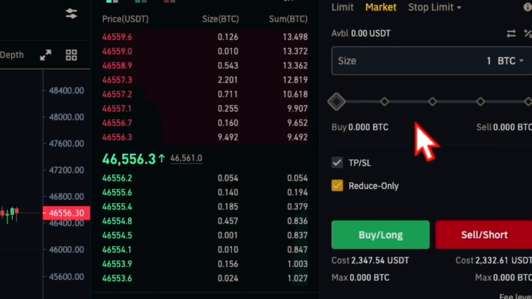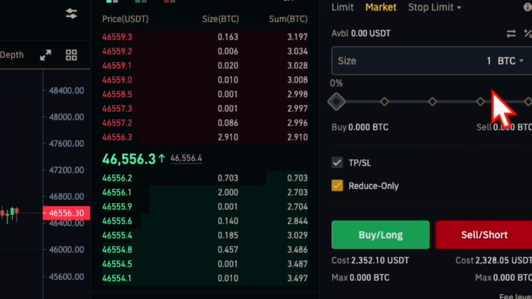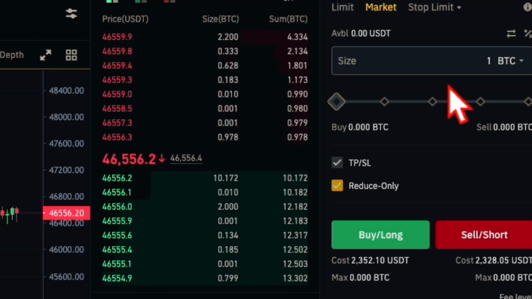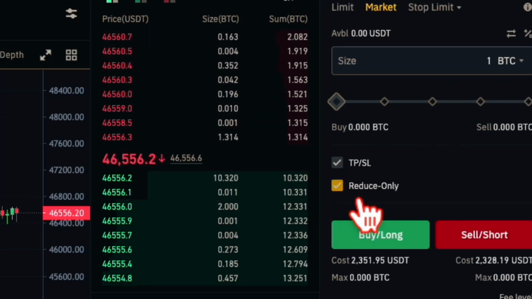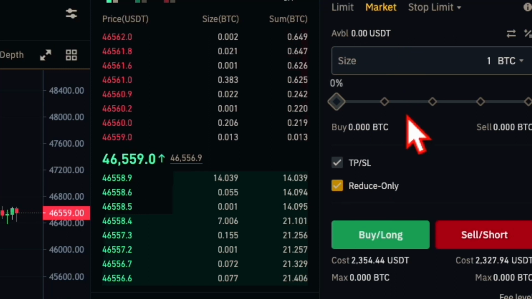So for that day, I can only drop my position from what I bought. I can no longer increase my position. So if I say I'm buying 1 Bitcoin and I click on reduce only, what I can only do with my open trade is to reduce. I can no longer add to it. It's a risk mitigation strategy to prevent over trading.